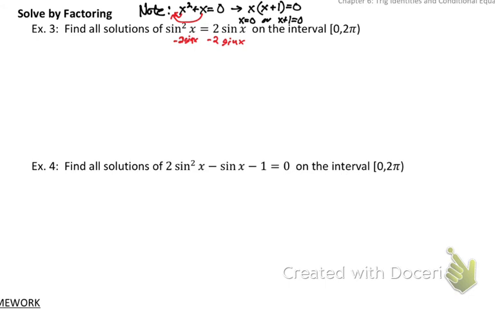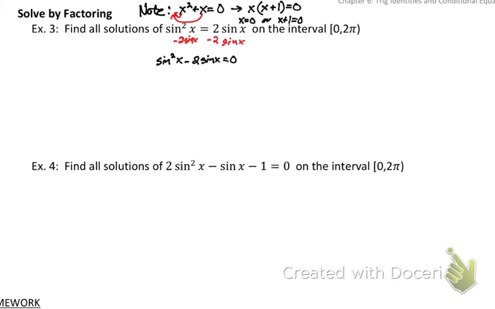All right. So now I have sine squared x minus 2 sine x equals 0. Now, this is the exact same thing that's up here. If this would be x squared minus 2x, we'd pull an x out front.